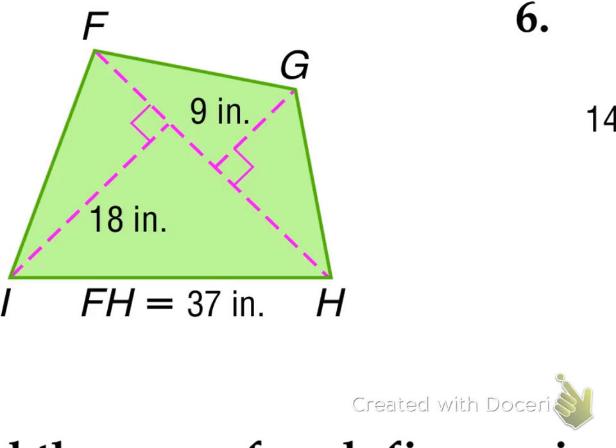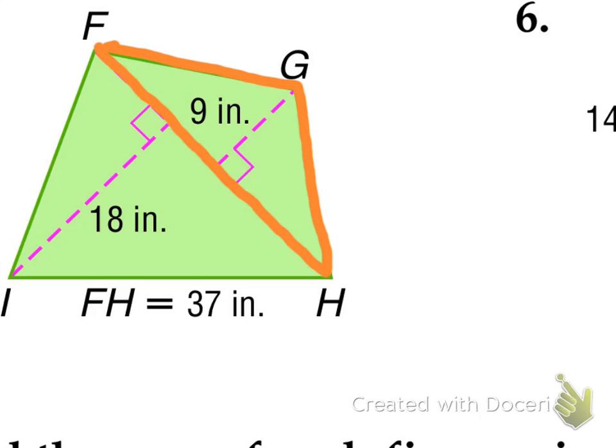We have in this figure, this quadrilateral, a couple different triangles. We have this triangle that I'm outlining in orange. Okay? Triangle FGH. The area of triangle FGH is 1/2 of its base times its height.